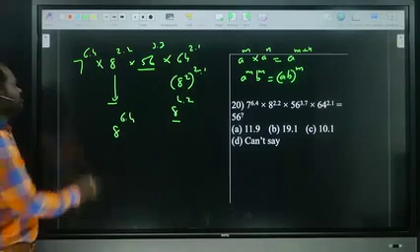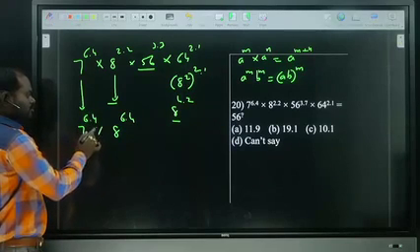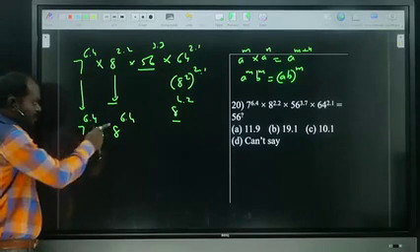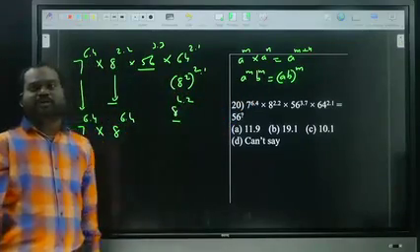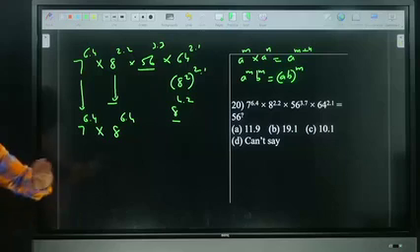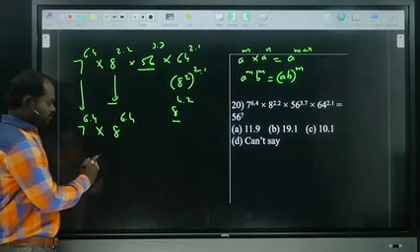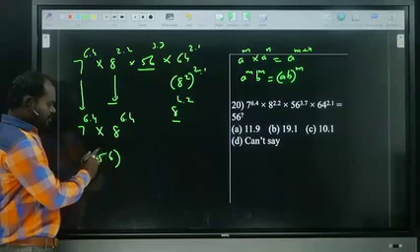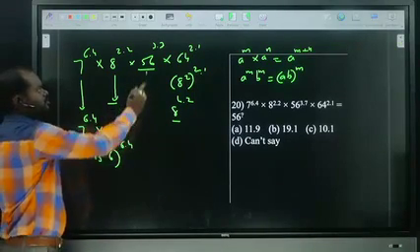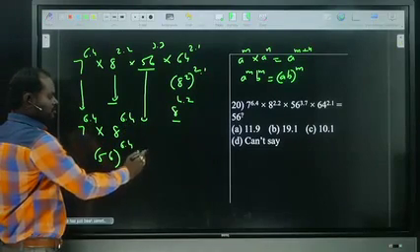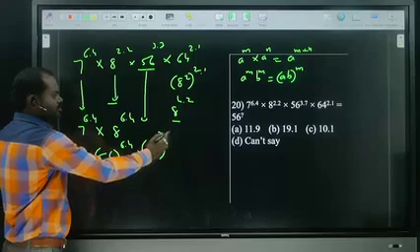Now observe this one: a power m, b power m. By this second formula, we can write ab whole power m, where ab is the multiplication of the bases. 7 eights are how much? 56. So 56 power 6.4, and 56 power 3.7.